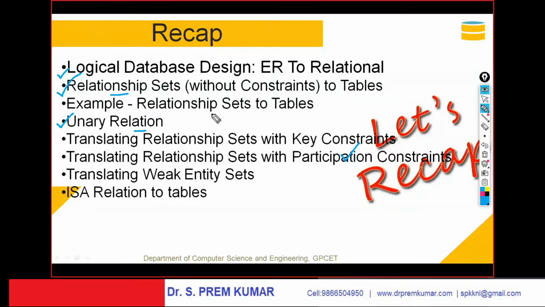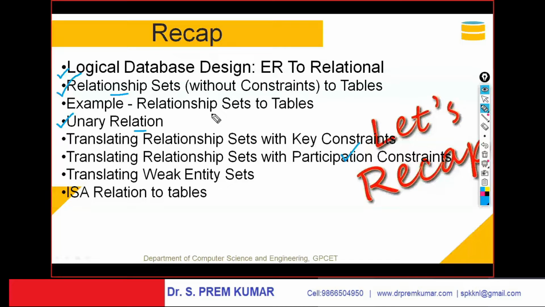Though there is one entity set, the person entity set, the role in the relation is changing: one is male, another is female. Hence two tables are to be created. One table is for person, another table is for the relation. The male is marrying the female.